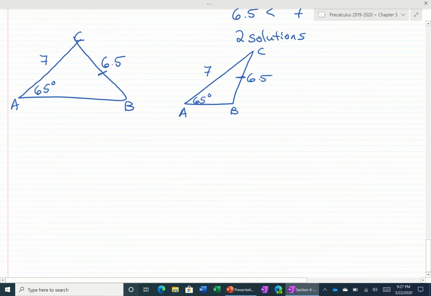For homework, this is what I would like you to please do. I would like you to determine the number of solutions to these three problems.